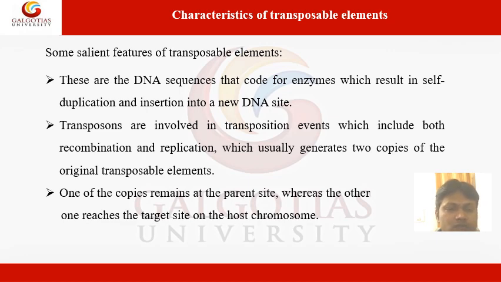Transposons are involved in transposition events which include both recombination and replication, which usually generates two copies of the original transposable element. One of the copies remains at the parent site, whereas the other one reaches the target sites on the host chromosomes.